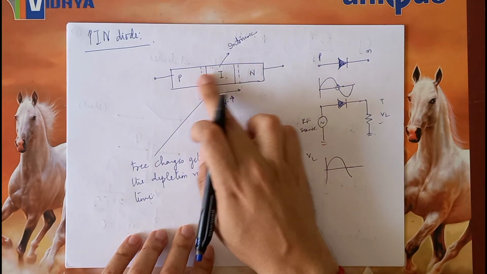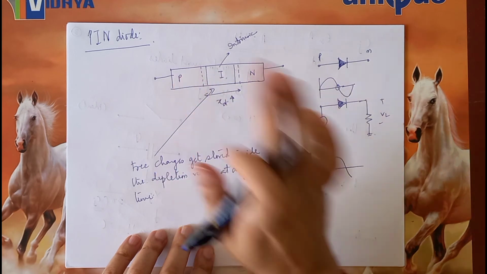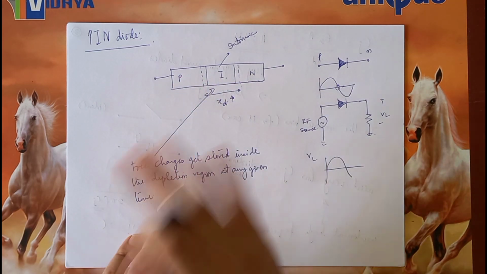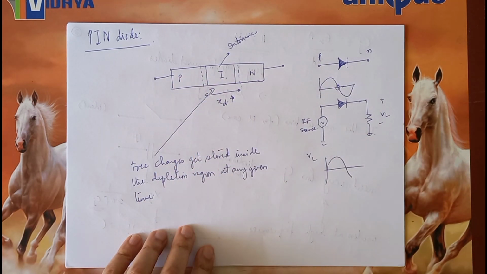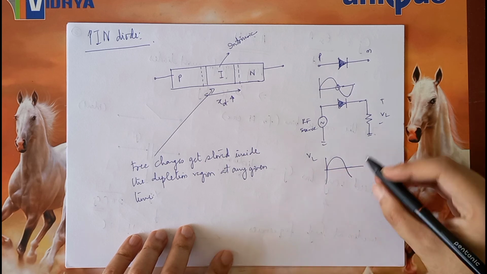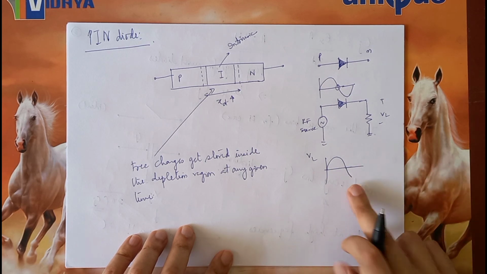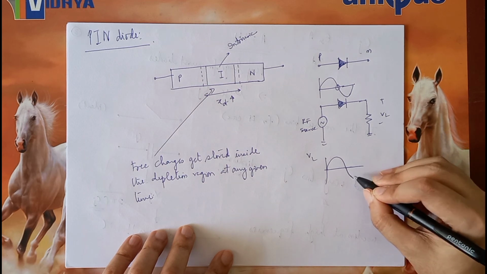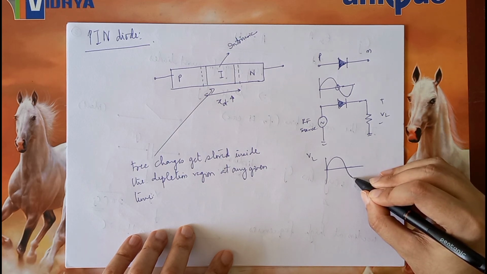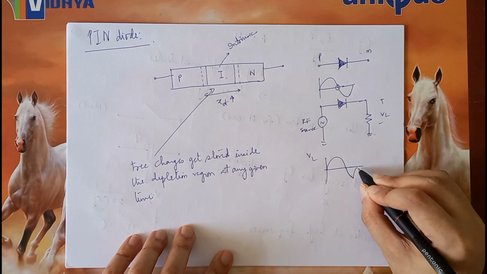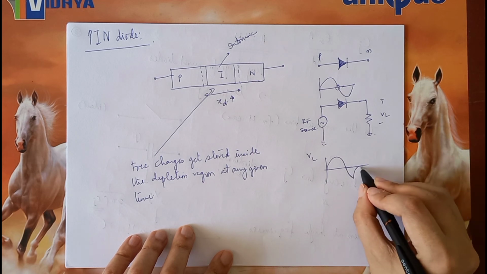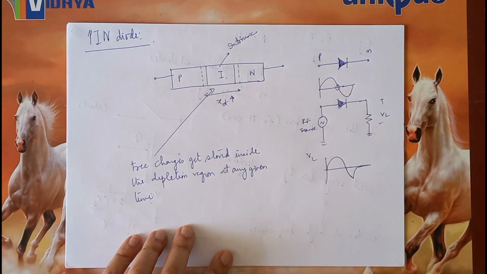Until the charges have left the depletion region and have recombined with the minority carriers, there will be a brief amount of time when the diode will still conduct, and at a point it will suddenly drop to 0, and then it will behave like a normal closed diode.